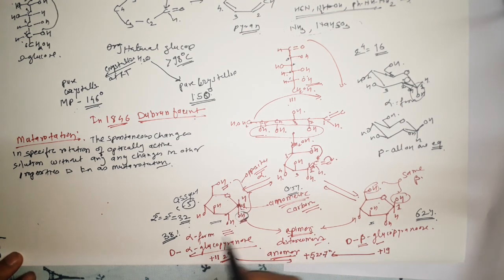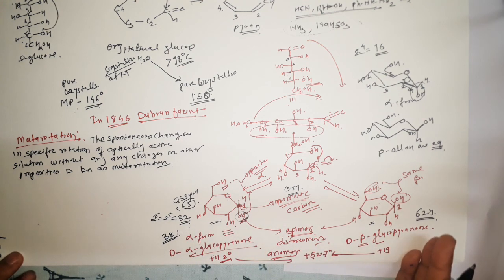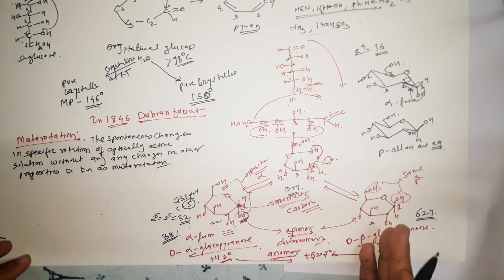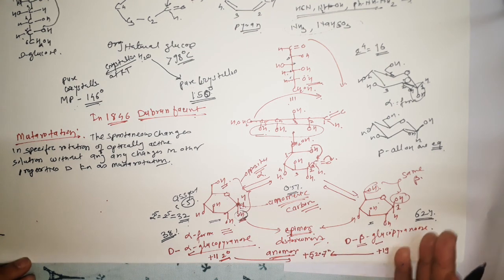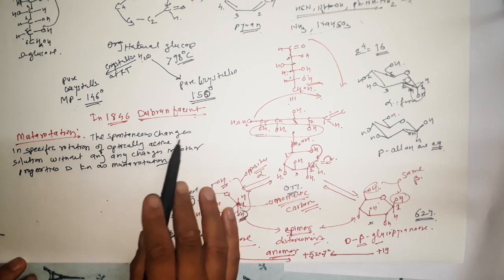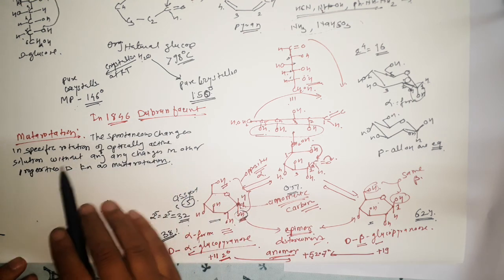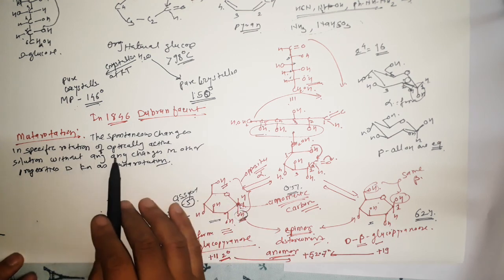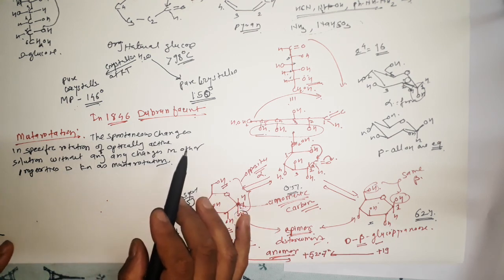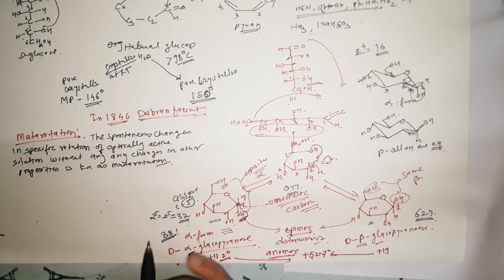From the initial stage to a particular stage, it shows gradual change, and that change of optical rotation is nothing but mutarotation. So, what is mutarotation? Mutarotation is the spontaneous change in specific rotation of an optically active solution without any change in other properties. That is known as mutarotation. Thank you.